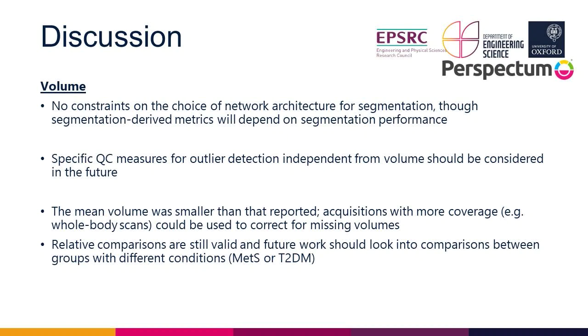The mean volume that we report is smaller than that in the literature, and we think that this is due to poor organ coverage. Now, separate acquisitions with more coverage, like whole body scans in Biobank, could be used to correct for missing volumes. However, we believe that the relative comparisons presented here are still valid, and future work should look into comparisons between groups with different conditions, such as the metabolic syndrome and type 2 diabetes.